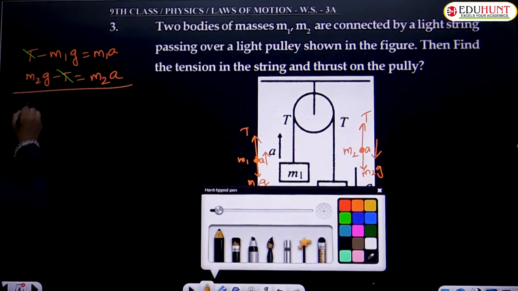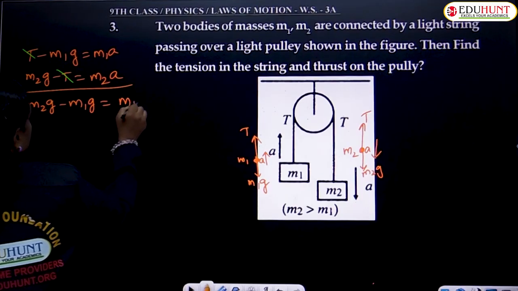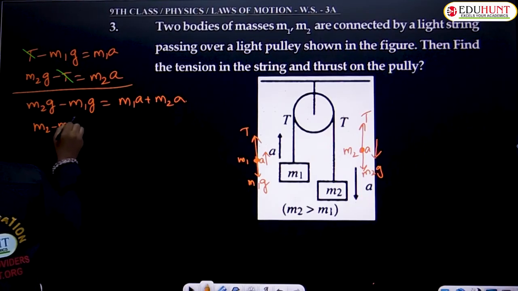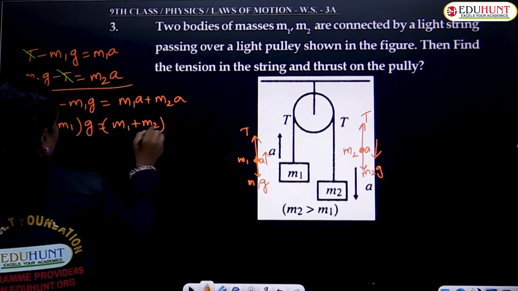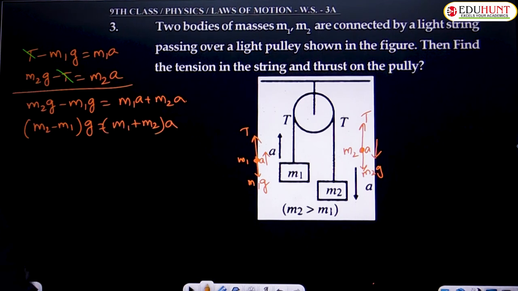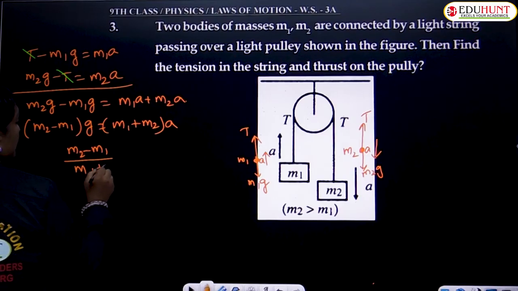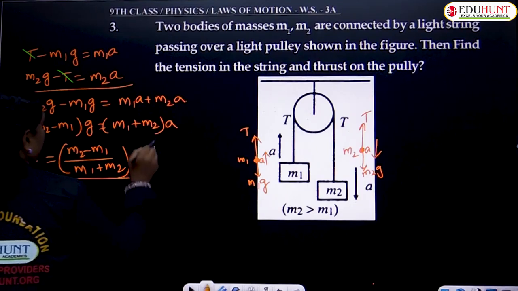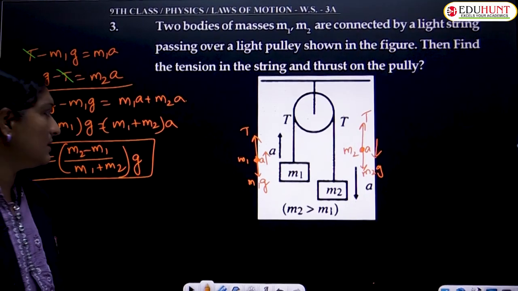We are left with M2G minus negative M1G equals M1A plus M2A, or M2 minus M1 times G equals M1 plus M2 times A. Bringing M1 plus M2 to the other side, we have A equals M2 minus M1 upon M1 plus M2 times G. This we have already discussed while explaining the concept of the pulley.